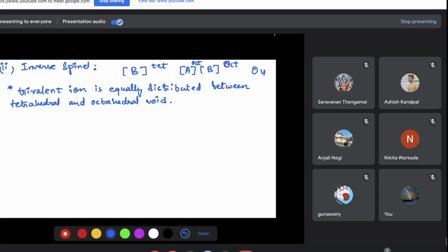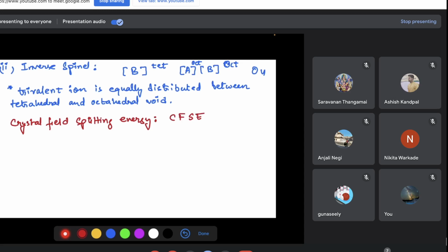To distinguish between these two, to identify the spinel, we take the help of crystal field splitting energy, that is CFSE.